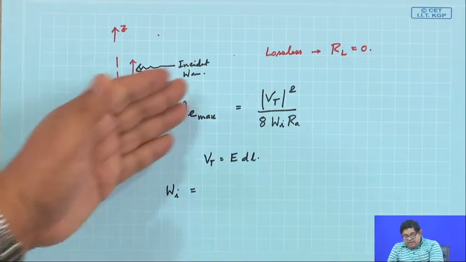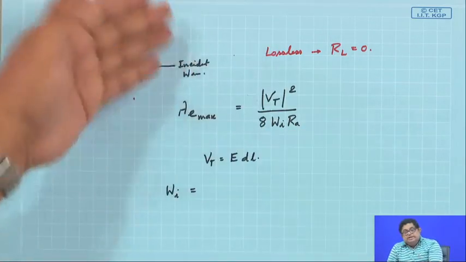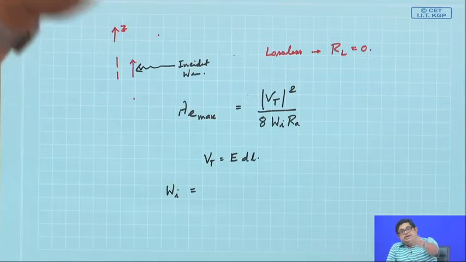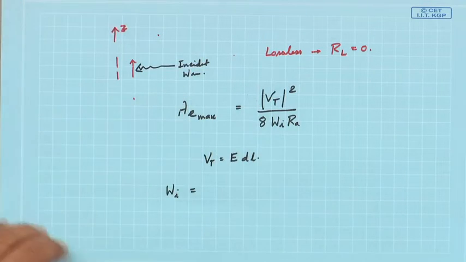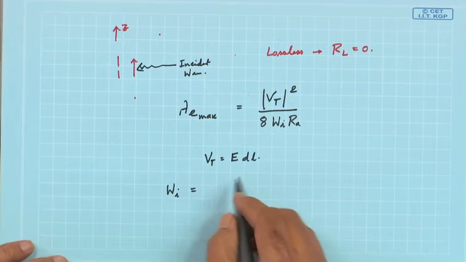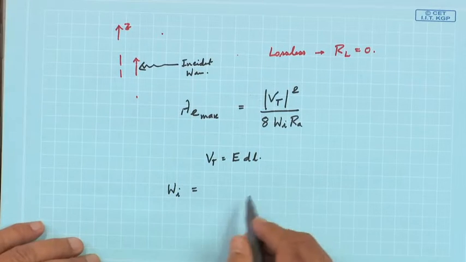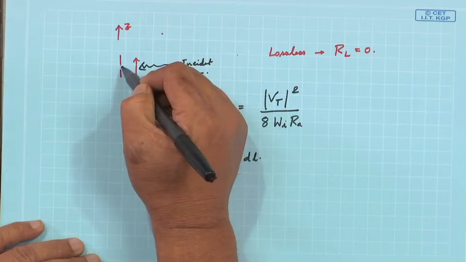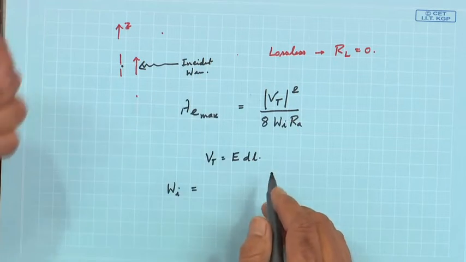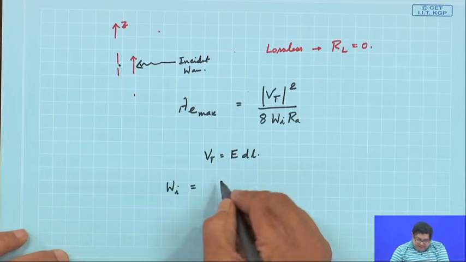Now, here we are assuming that this incident wave is coming from a source which is at the far field. So, actually a plane wave is coming. So, what is W I for a plane wave? We know for a plane wave the power density at this point on the antenna where I am capturing. What is the power density?